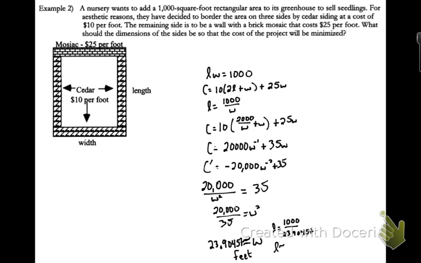And so L to 3 decimal places is 41.833 feet. So that's what the dimensions need to be to minimize the cost. And there's the first 2 examples of economic optimization.